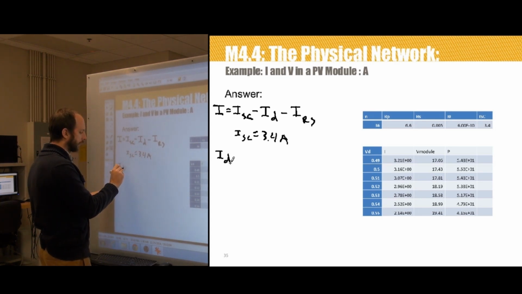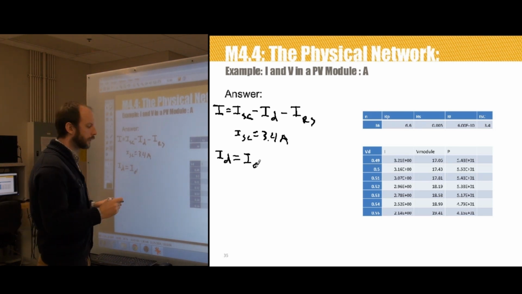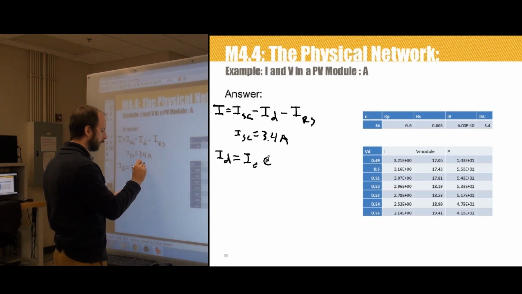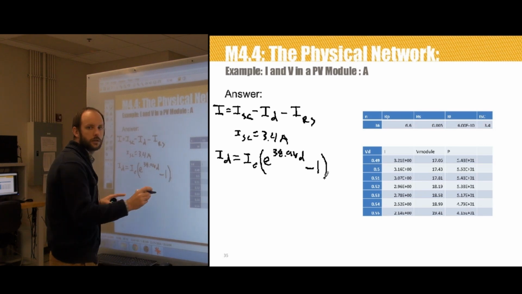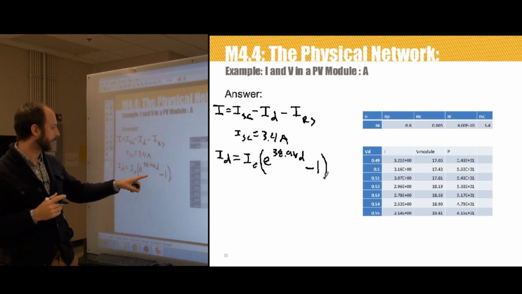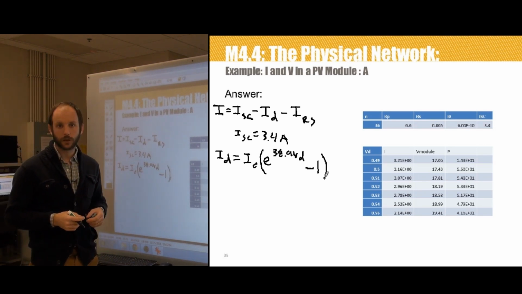ID is given by the Shockley equation. It's I0 times e to the 38.9 VD, minus 1, right? So we just need to plug in our VD formula right there.